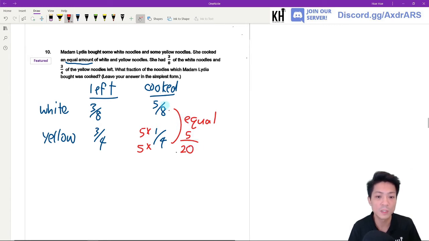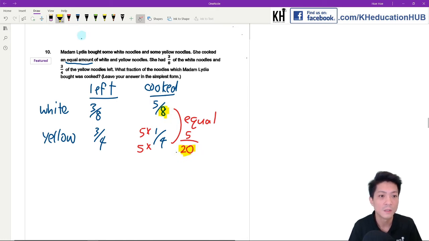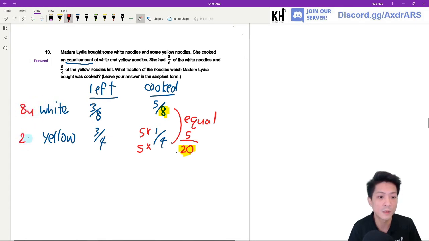Once the numerators are the same, the denominators, let me highlight the denominator here and here, let us know how many units of each noodle there are. Basically there are 8 units and 20 units. What fraction of the noodles which Madam Lydia bought was cooked?